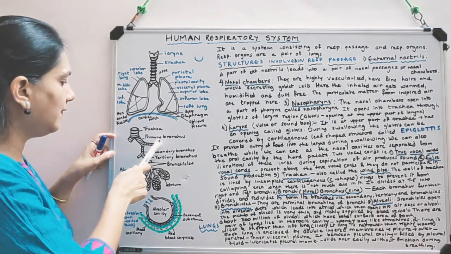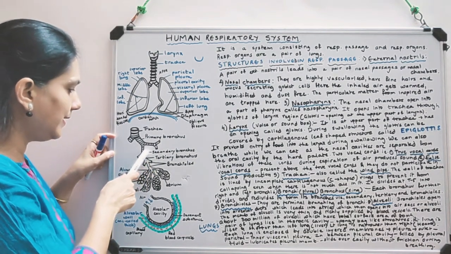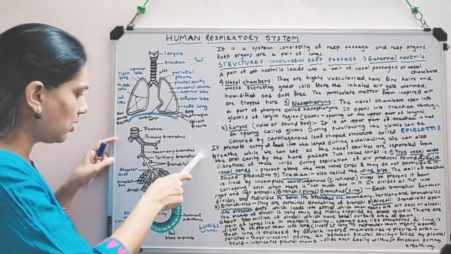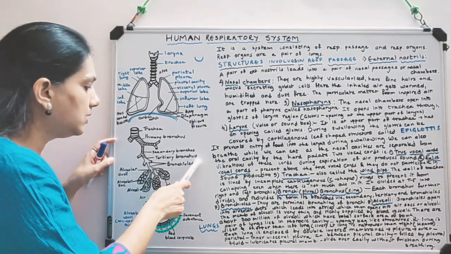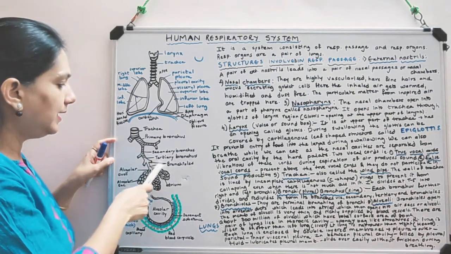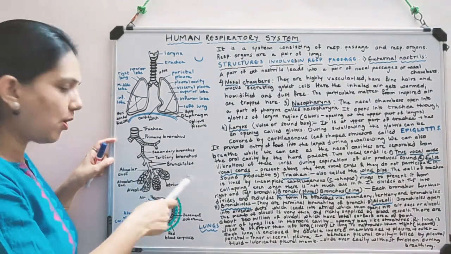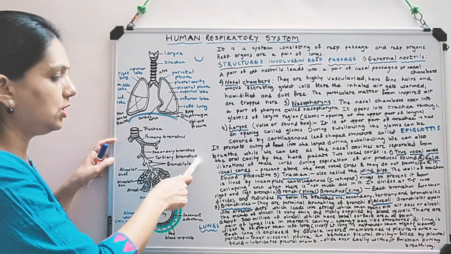So again they are dividing, so the next division is called secondary bronchus. Now they are still dividing, so that is called the tertiary bronchus. And then when they keep on dividing, those are the bronchioles.